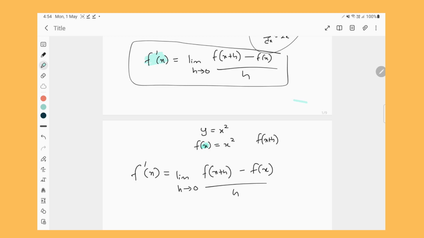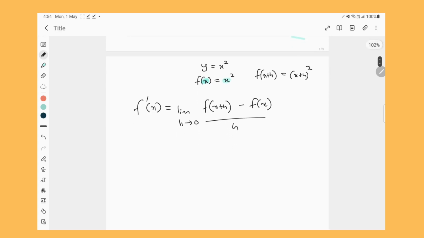So this becomes (x plus h) squared. Alright, let me put these terms. So limits of h goes to 0, (x plus h) squared minus x squared divided by h.